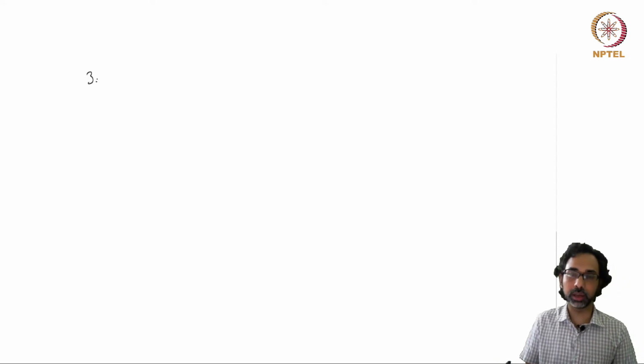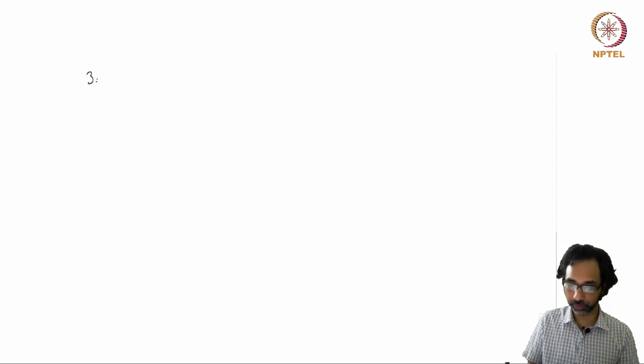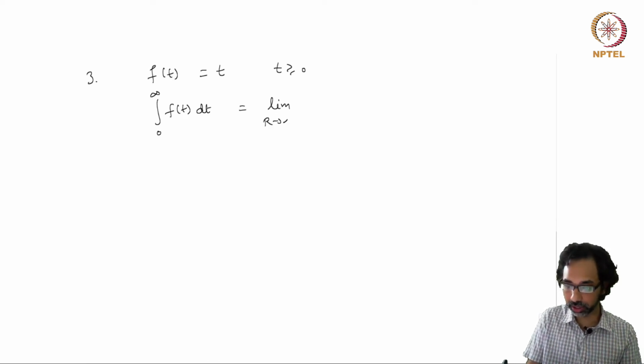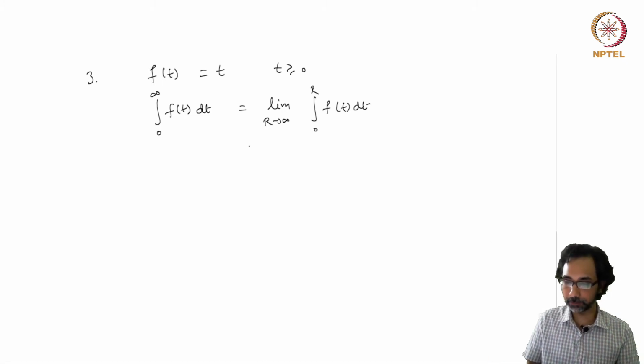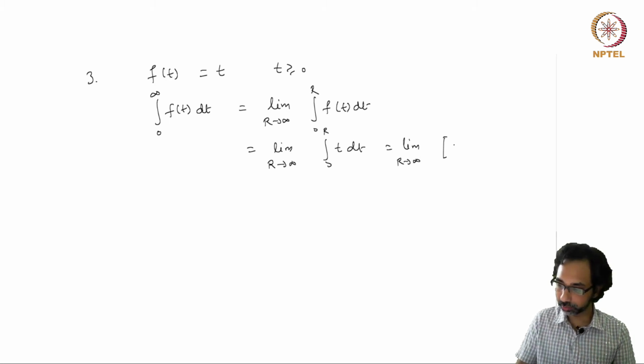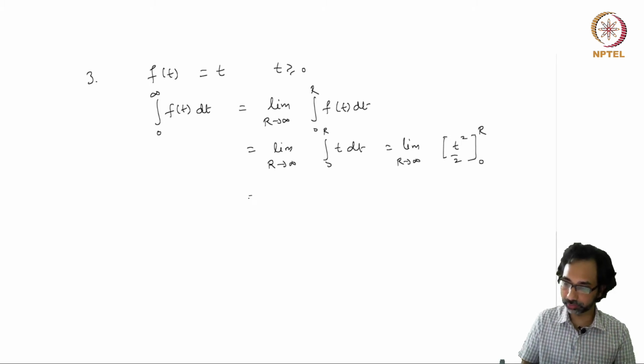Now let us see an example where the improper Riemann integral does not exist. Okay. So the easiest example is f(t) equals t for t greater than or equal to 0, and if you take the integral from 0 to infinity of f(t) dt, then by definition this is again the limit as r tends to infinity of the integral from 0 to r of t dt, and you get simply t square by 2 from 0 to r.